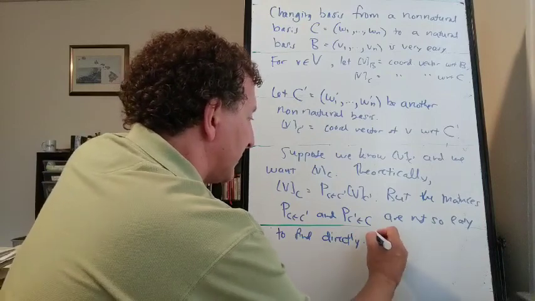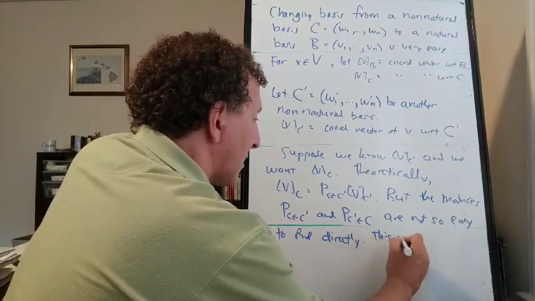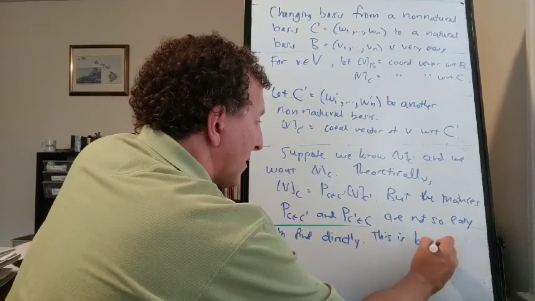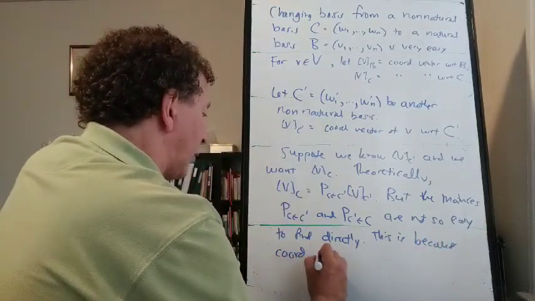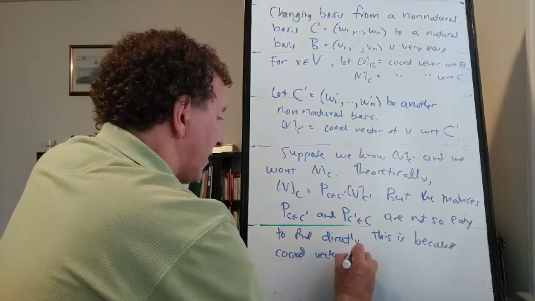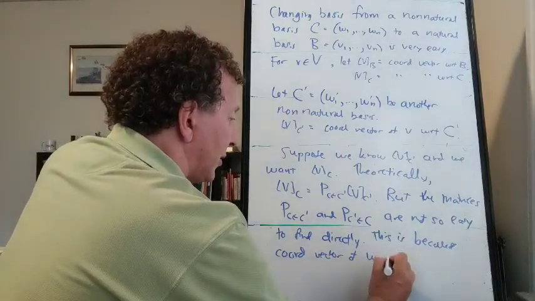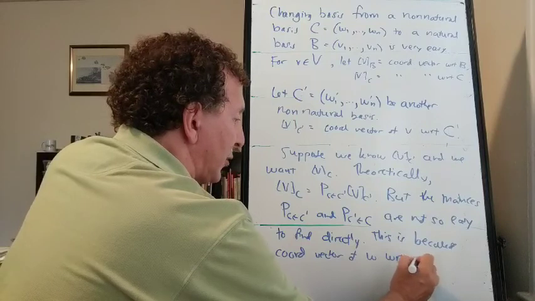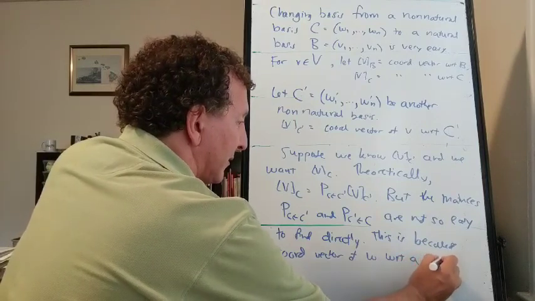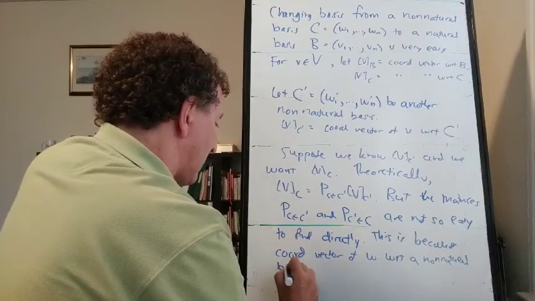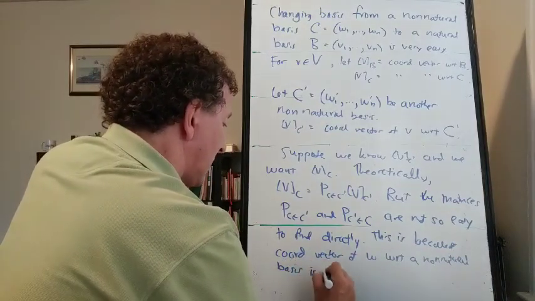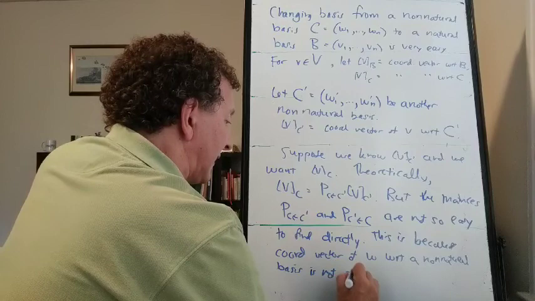And this is because the coordinate vector of w with respect to a non-natural basis is not so easy to see.